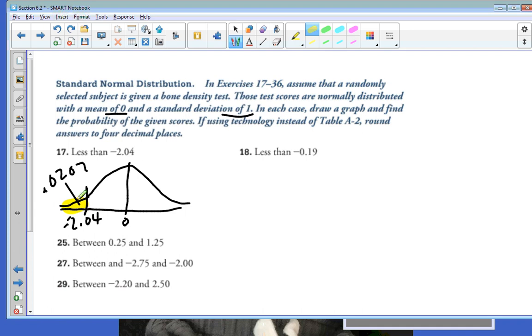So think about this for a second. My next one says less than negative 0.19. Is the probability going to be more than when the z was negative 2.04, or will it be less?